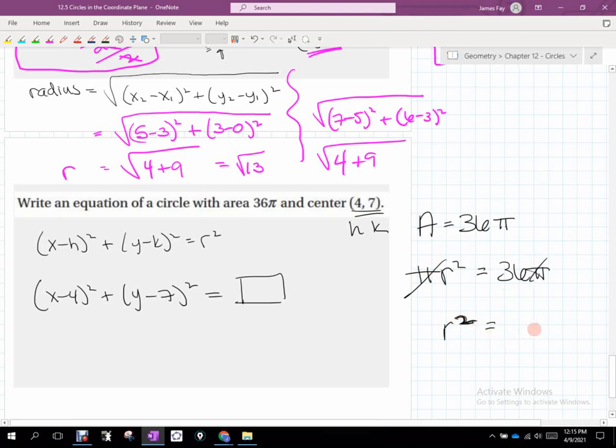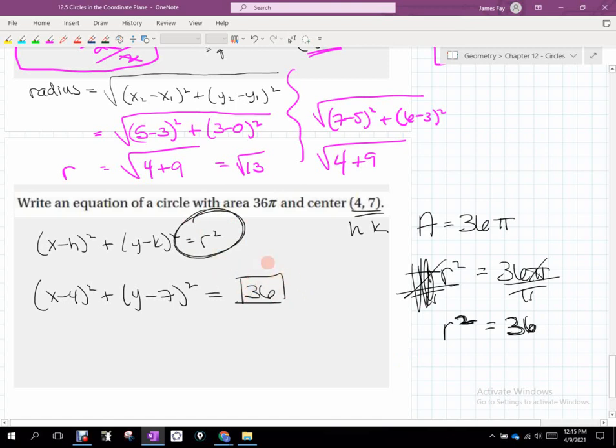R squared is, because I divided both sides by pi, right? And those canceled. So I'm left with just r squared on the left and just left with 36 on the right, correct? So r squared is 36. Now, if you want to go further and find r, you can. But when I plug it into my formula, what is this on the right-hand side? It's r squared that they want, right?